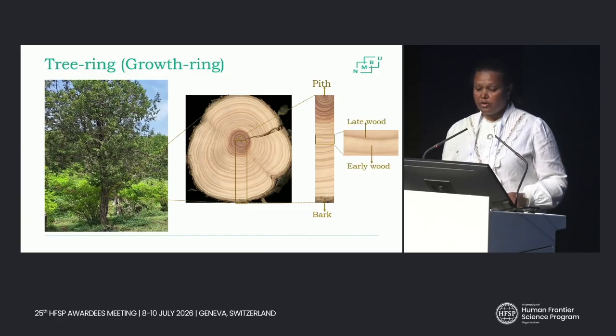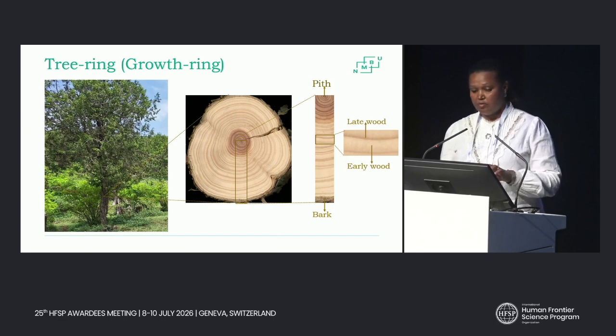And if we zoom in further, within one ring we have the relatively lighter color, which is early wood, and the thin darker part, which is the late wood. It's thin because it's from a tropical species, but in another species the area is a little bit larger.